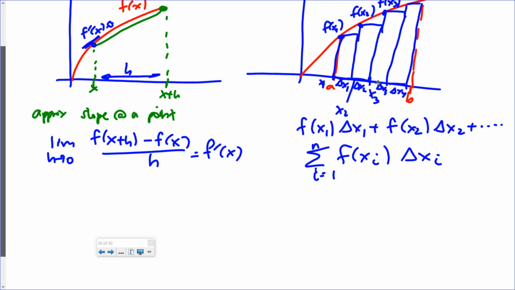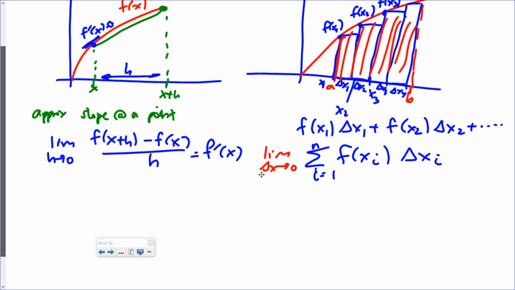Make sense so far? Well, that's an approximation, but how would I get the exact sum? How would I make this even more exact? I would take the delta x and make it do what? Yeah, as delta x approaches 0, then I would get an infinite number of n's here.